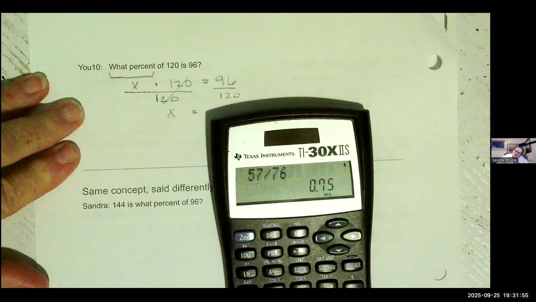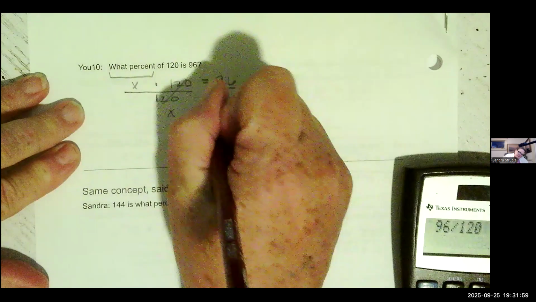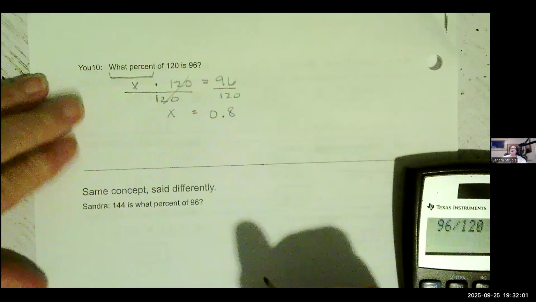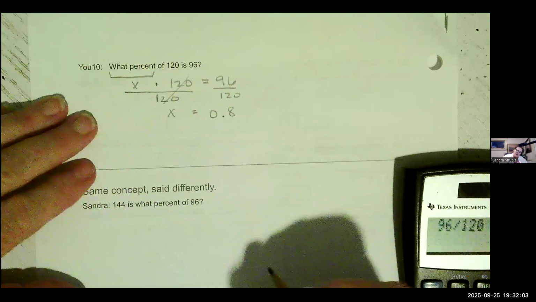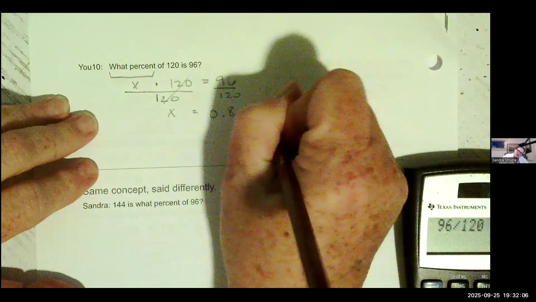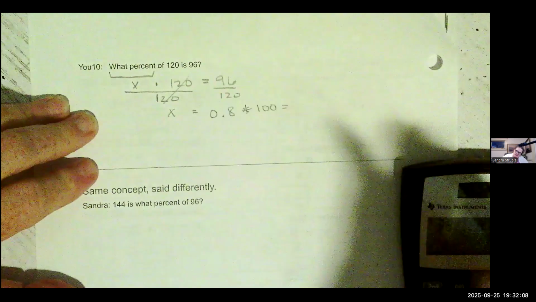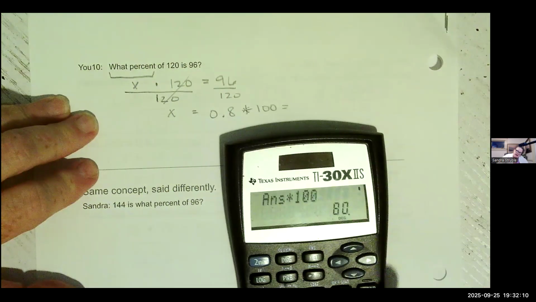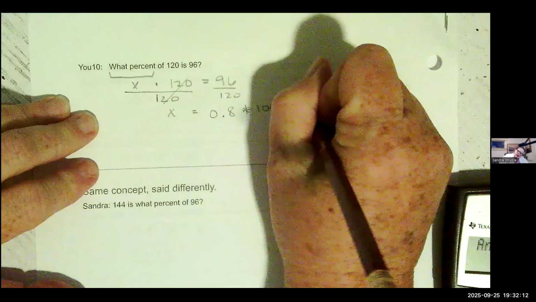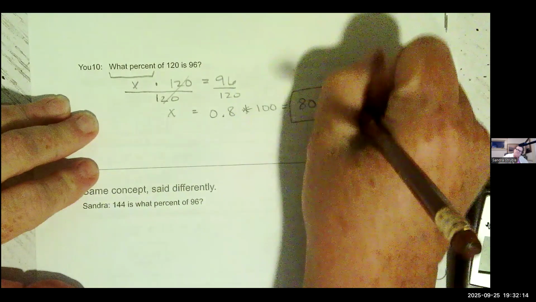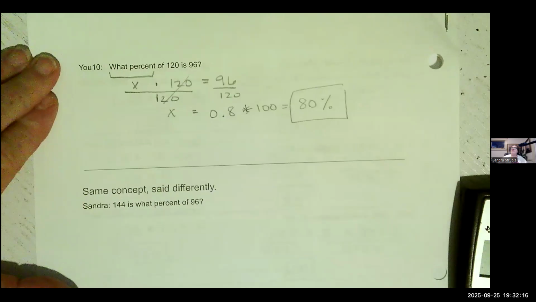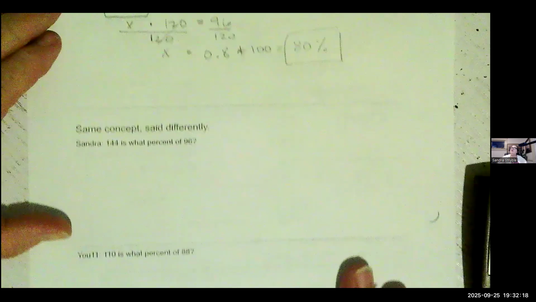X is equal to 96 divided by 120 is 0.8. Not a percent. We want a percent, so we have to multiply this by 100. And I got 80. And add the cute little percent sign. Okay. As you're going through this, let me know what questions you have if you're still struggling.